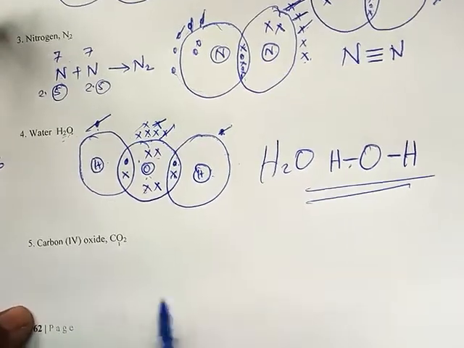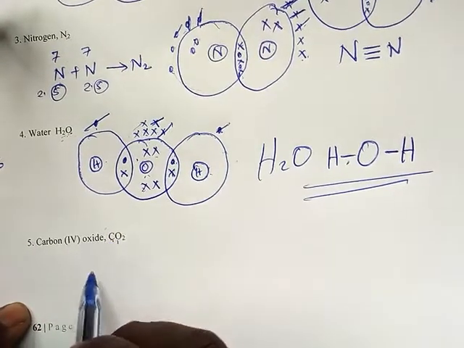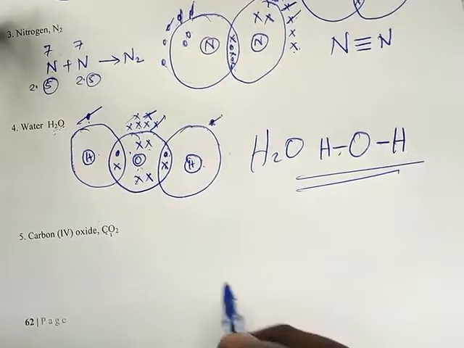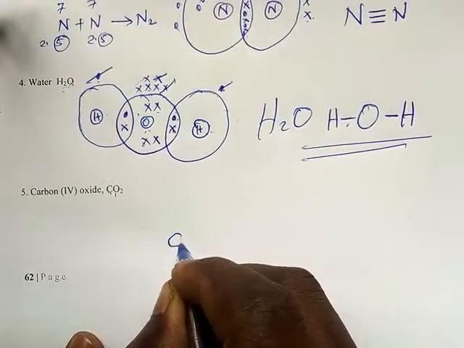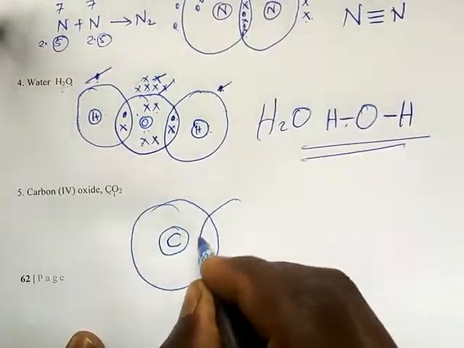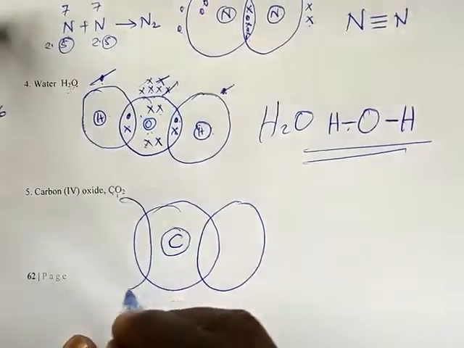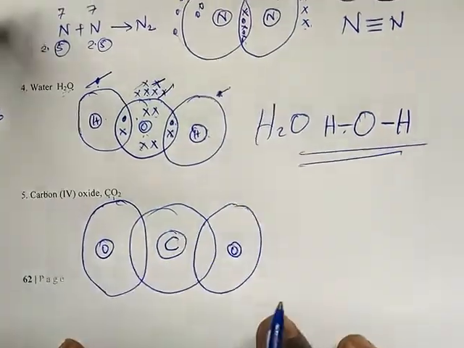Carbon dioxide. So carbon is a single atom here, so it will be at the center. Oxygen will surround it. So draw this carbon. It will be surrounded with 2 oxygens. So this is oxygen, oxygen.